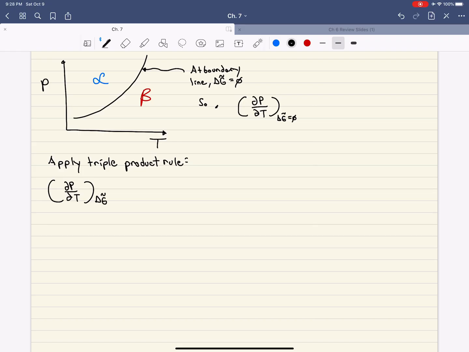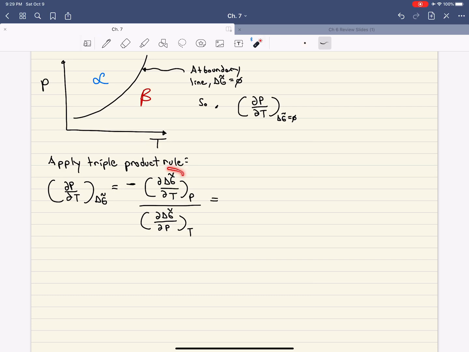All right, and so from the triple product rule, we could turn this dP/dT at constant delta G into d delta G/dT at constant P and d delta G/dP at constant T. Okay? All right.